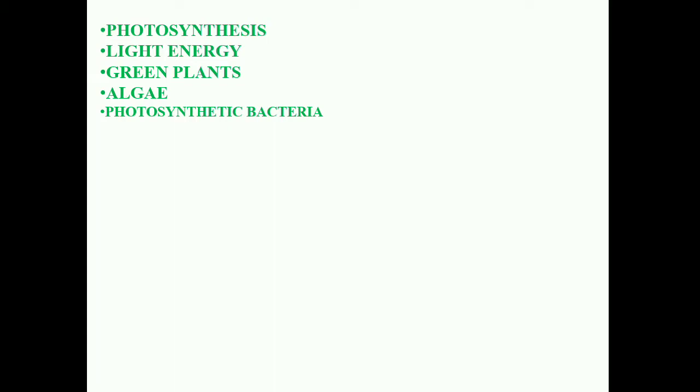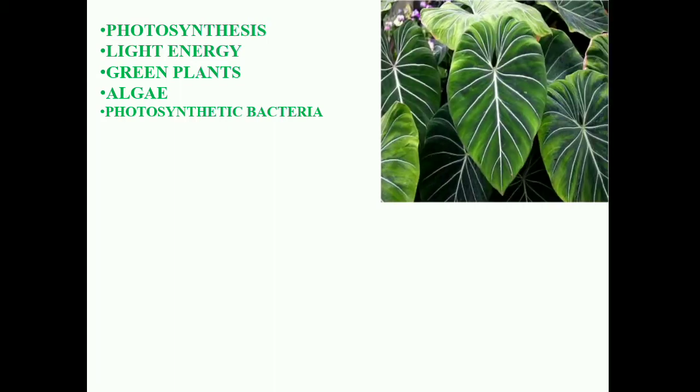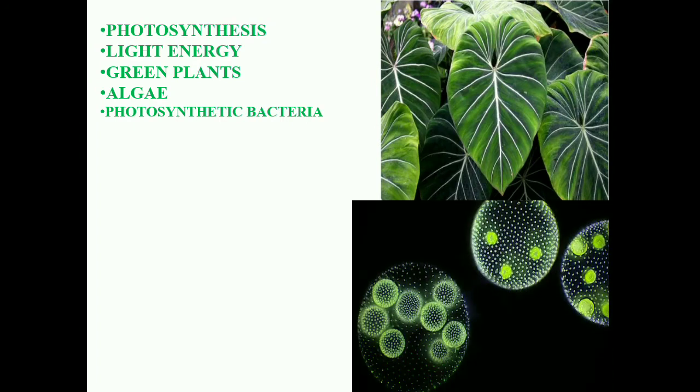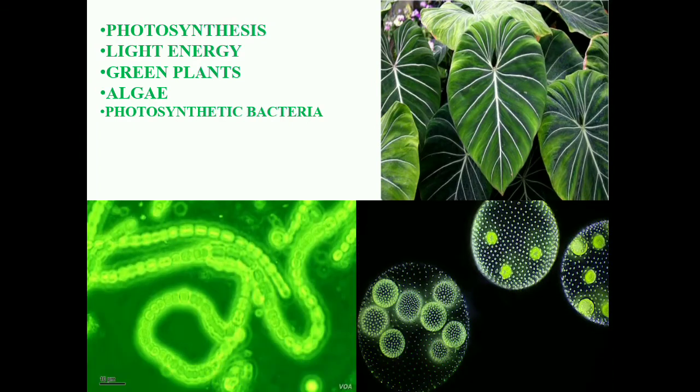They use light energy for converting inorganic raw materials like carbon dioxide and water into organic form, that is in carbohydrates. All green plants, algae and photosynthetic bacteria are capable of showing photosynthesis as they capture light energy due to chlorophyll pigments they carry.